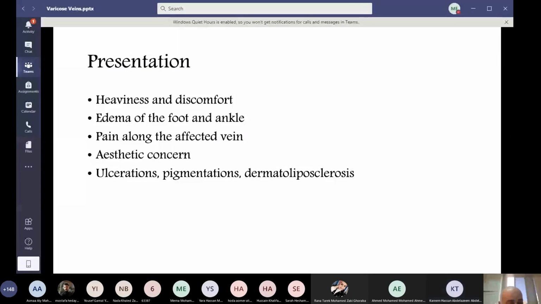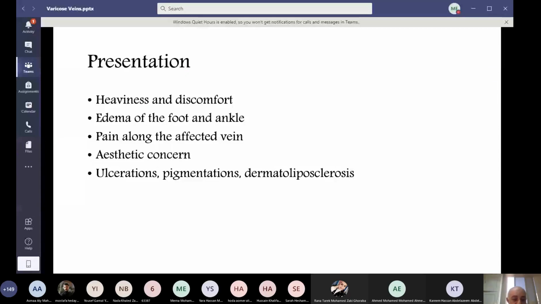Aesthetic concern, cosmetic effect, disfigurement that these veins produce to the patient. This is a common presentation because, as we said, varicose veins are much more common in females than in males, who are concerned about their appearance.